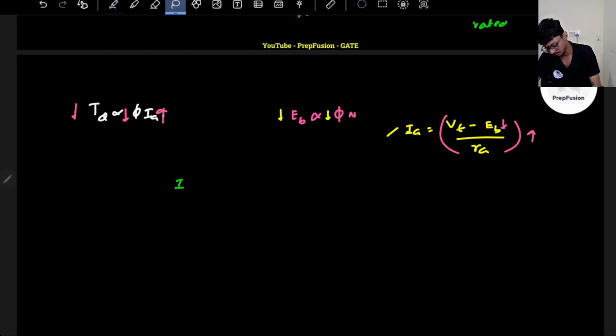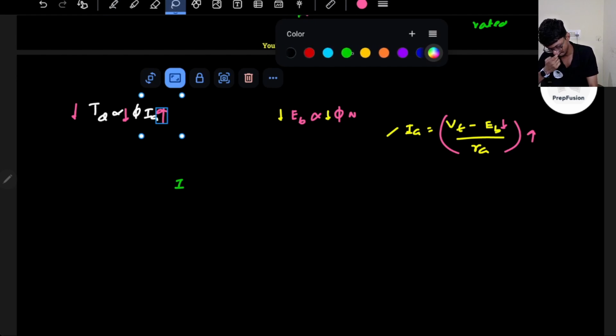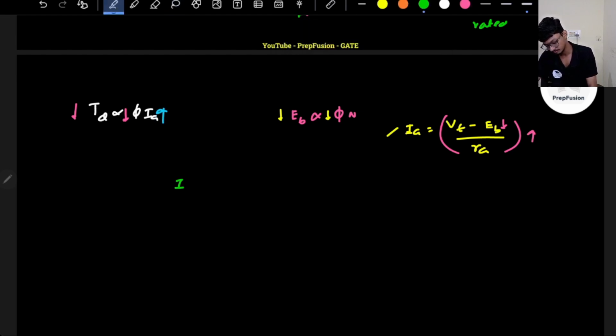Basically, let me color this with a different color. The increment in IA will be greater than the decrement in flux.